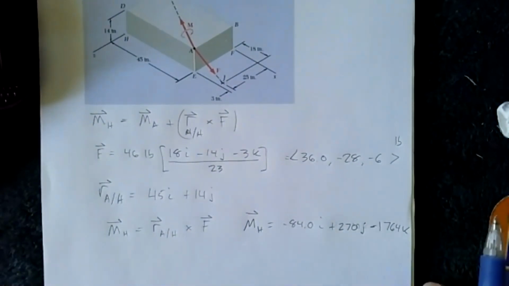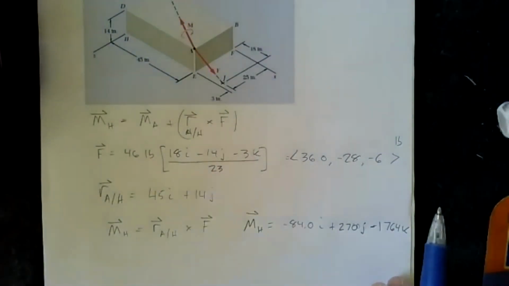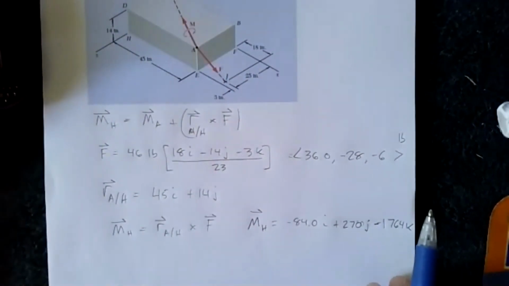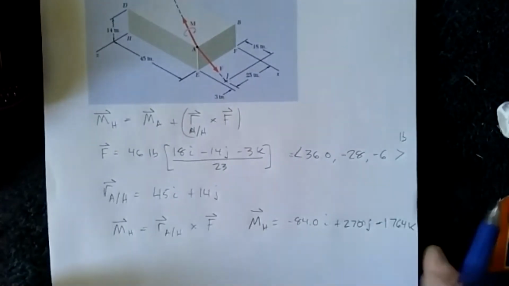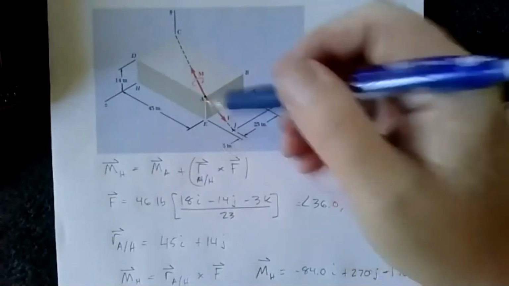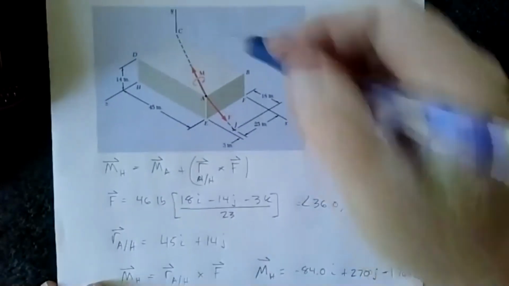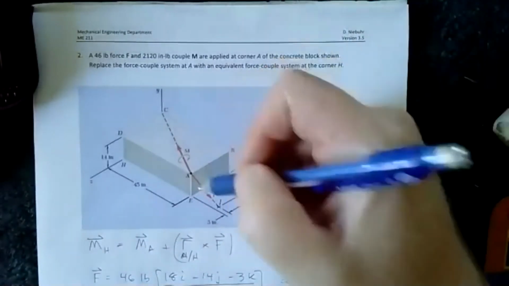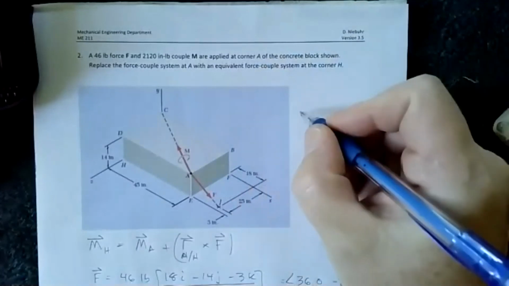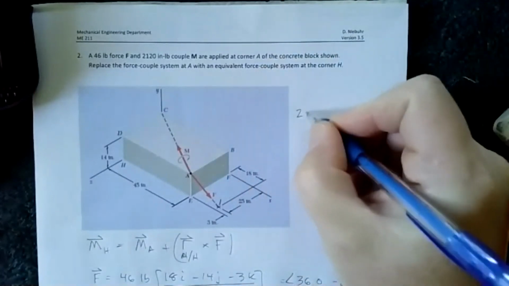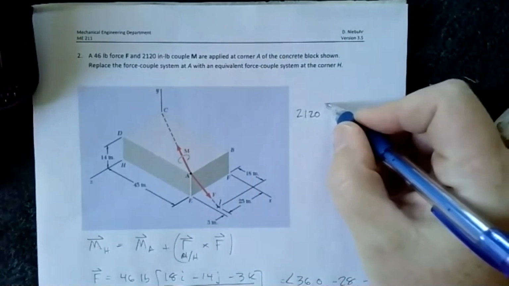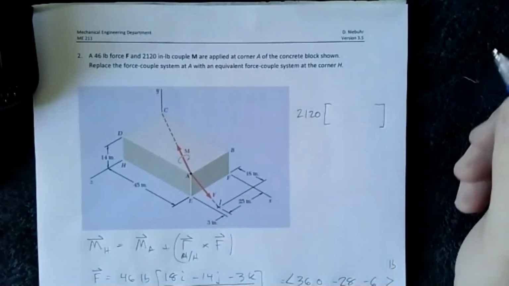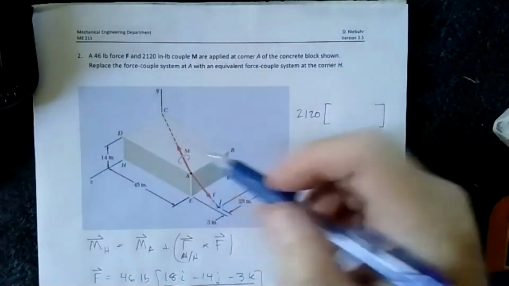Now, the other moment, in order to get that, is simply multiplying. You have this 1800, I'm sorry, this 2120 up here. So let's look at that. We have the 2120, and then we're going to multiply that by the unit vector, right? The unit vector AC.